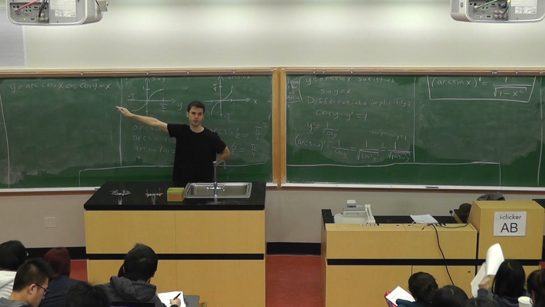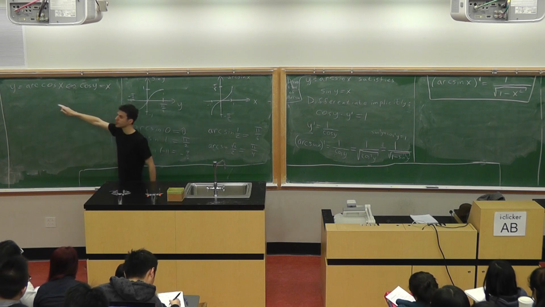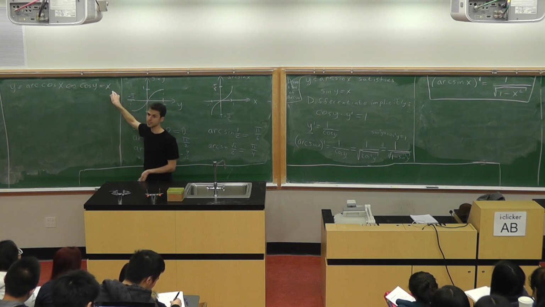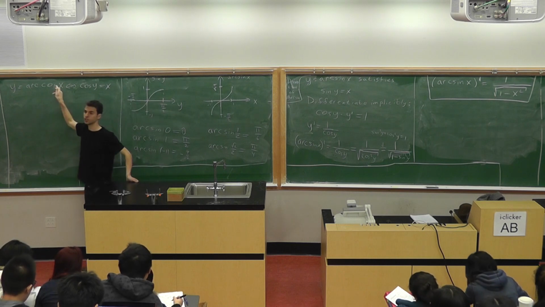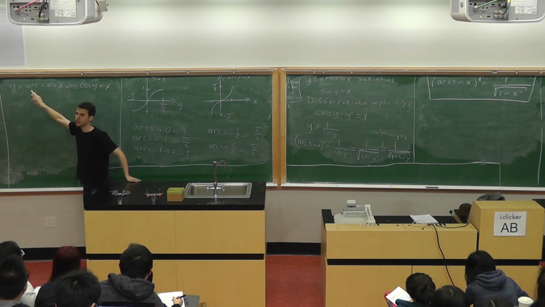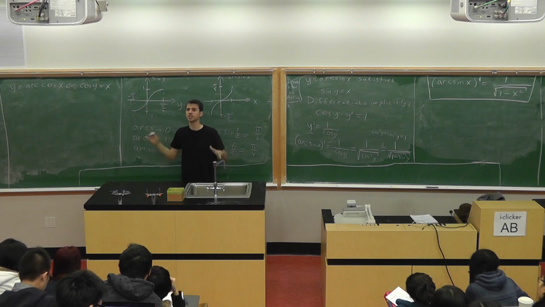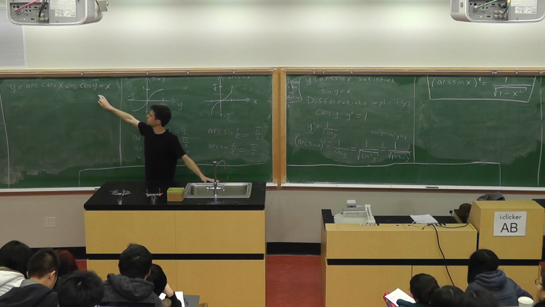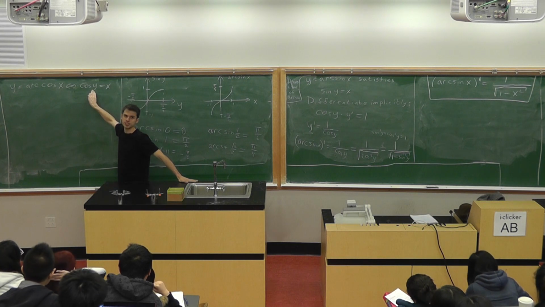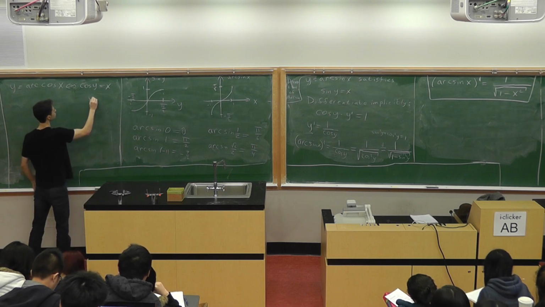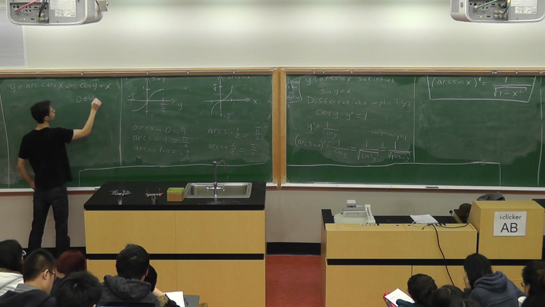So once again, we have a similar definition. y is the inverse cosine of x if and only if cosine of y is x, which means arc cosine of x is the number y whose cosine is equal to x. Once again, we have the same problem. There is not only one number y like this. We have to restrict to some range. And in this case, the range is for y to be from 0 to pi.